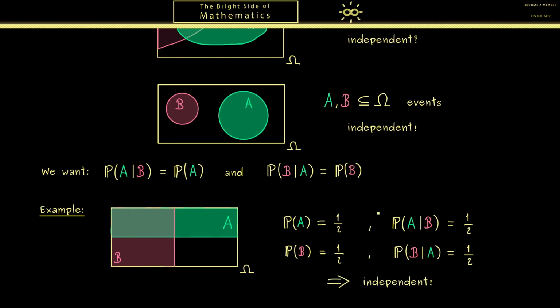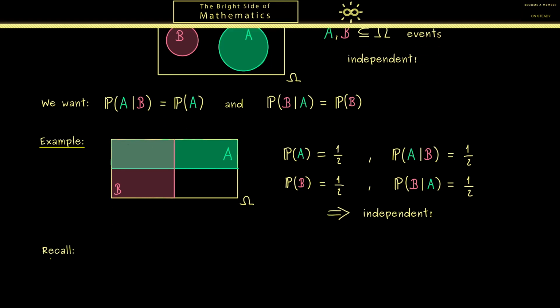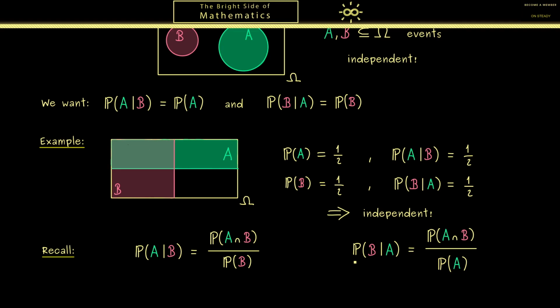Okay, I think we have seen enough visualizations and we can start formulating the definition. And for this it's helpful to recall the definition of the conditional probability. So P of A under B was given as P of the intersection divided by P of B. And similarly, P of B under A is given by the intersection divided by P of A. Now, for the independence, we want two things.